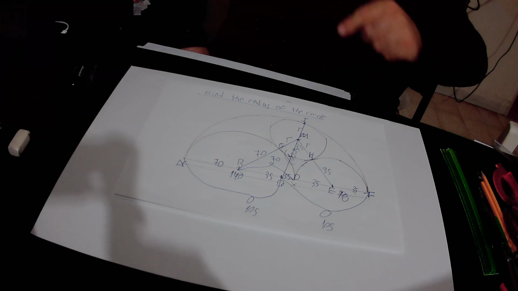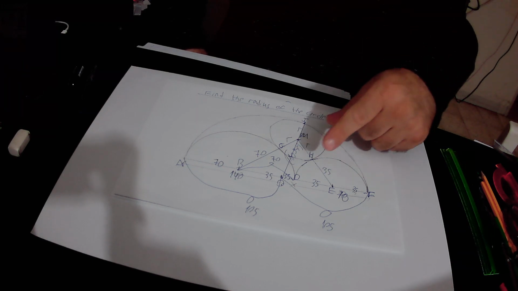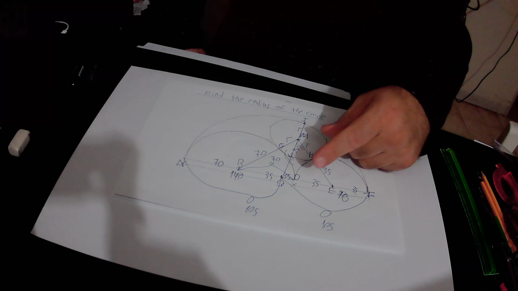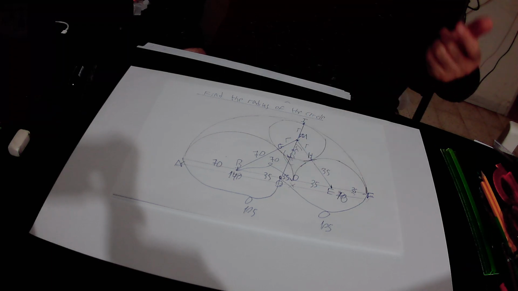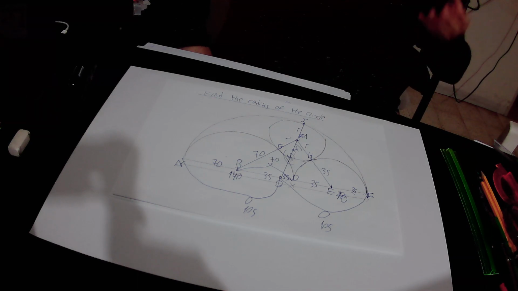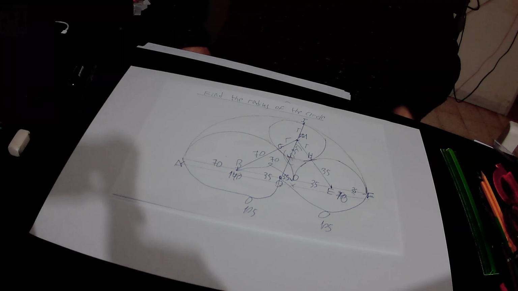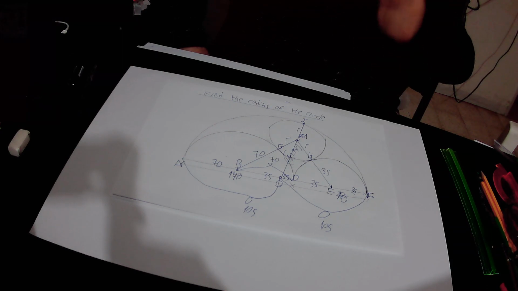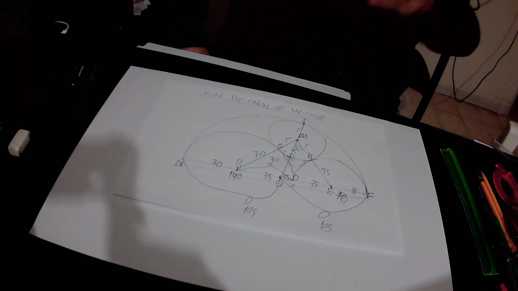And what is the distance between their centers? According to what I've already shown you, whenever you have an internal tangency between two circles or semicircles, the distance between their centers will be equal to the radius of the big circle minus the radius of the small circle.